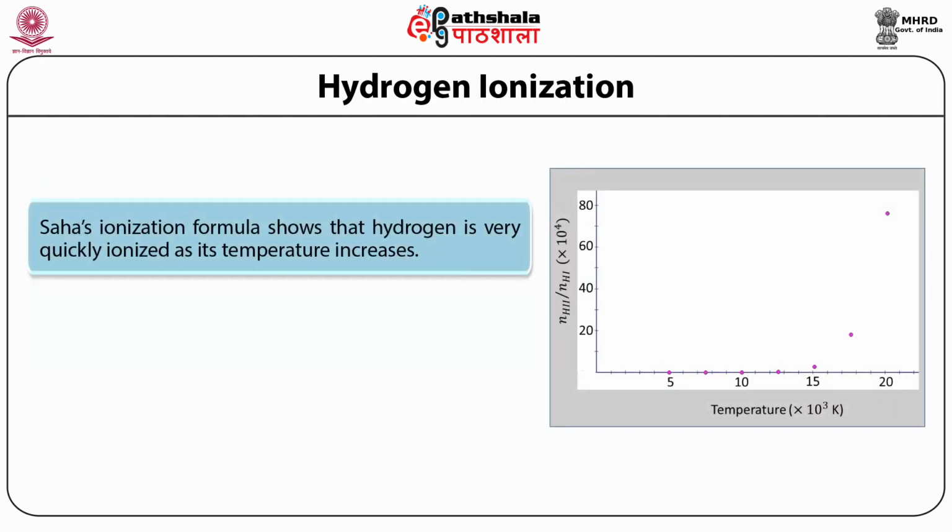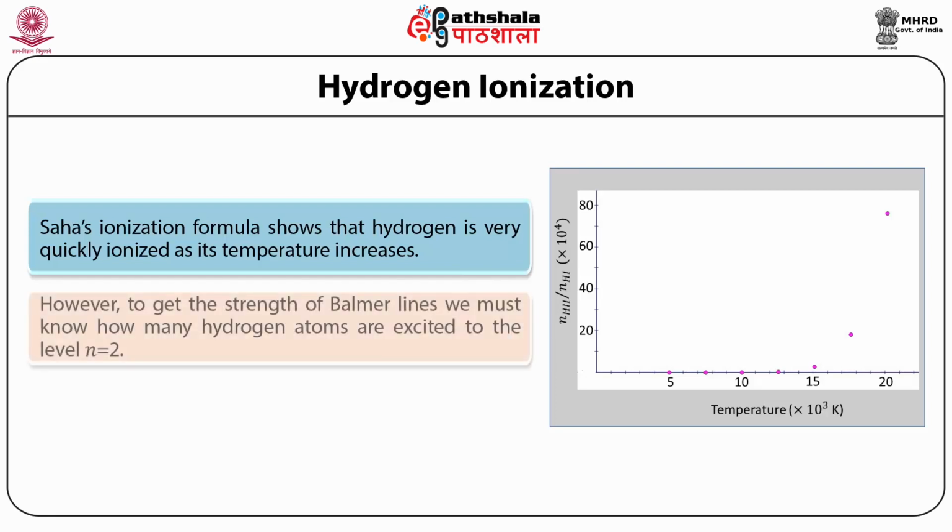Hydrogen ionization. Saha's ionization formula shows that hydrogen is very quickly ionized as its temperature increases. However, to get the strength of Balmer lines, we must know how many hydrogen atoms are excited to the level n equal to 2.